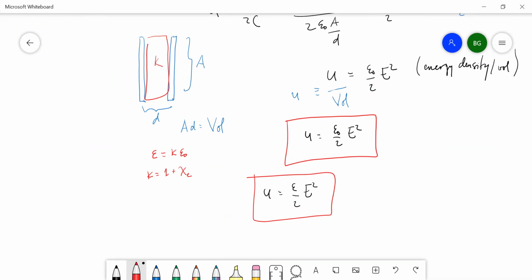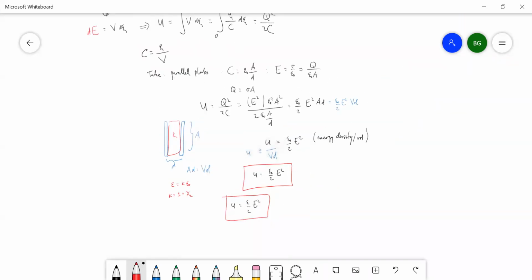We have discussed so far the electrostatic material, I mean electrostatic fields. Next we will discuss the magnetostatic, and also direct current and magnetostatic. So we will continue.